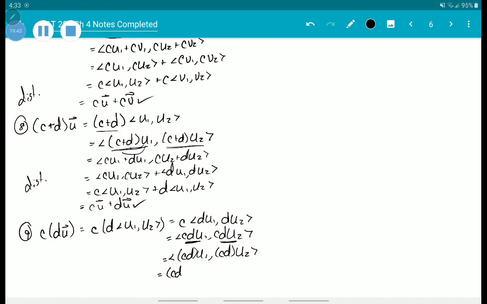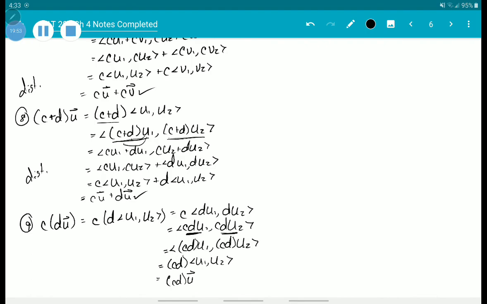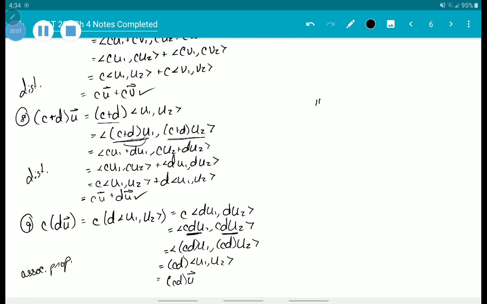Now we're treating cd as a unit. There's our associative property. Then the last one is the scalar identity, and our identity here is 1.